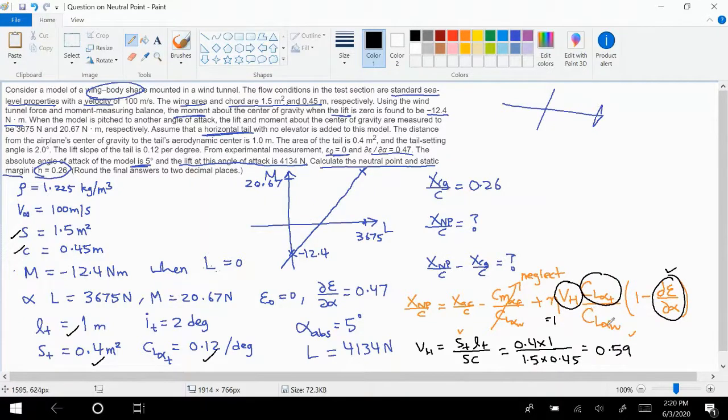So I need to find CL alpha W, and I need to find this, correct? These are the two unknowns which need to be figured out before we can determine the location of neutral point. So CL alpha W can be found, I think, from this information.